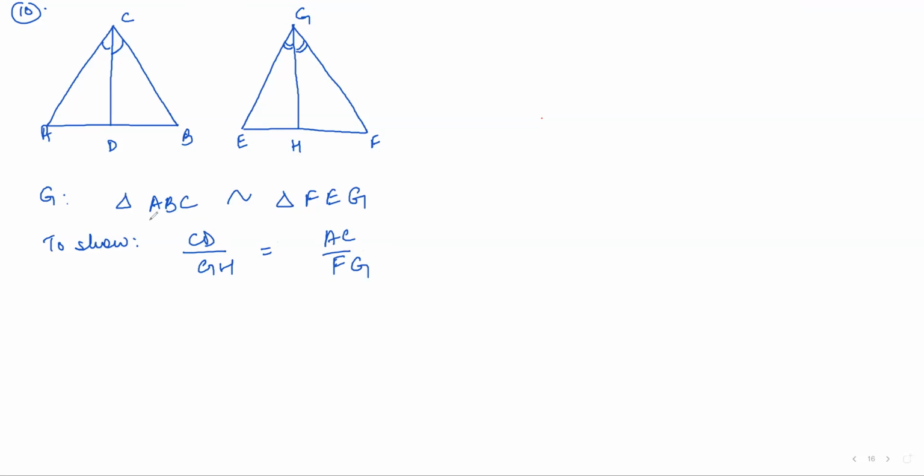Okay, you are given ABC similar to FEG, right? Yes, ma'am. Okay, now what does it imply? If the triangles are similar, that means the corresponding sides are in the same ratio. So AB upon EF, right? Should be equal to BC upon FG, right? Should be equal to AC upon EG, FG, correct?